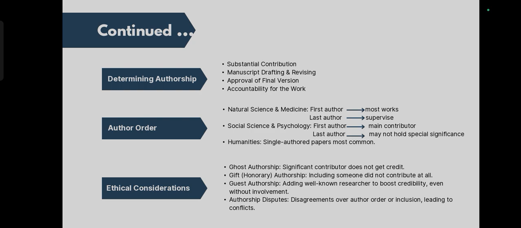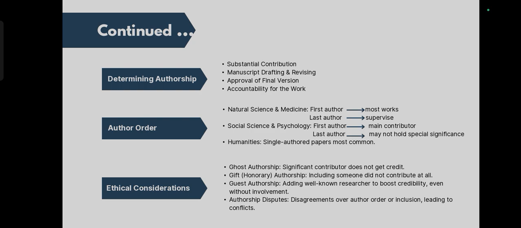Gift or honorary authorship means including someone who did not contribute at all, like any relative or any friend of yours who did not do anything for the research, but you are adding him or her to the author list just because you have a good relationship with him or her.